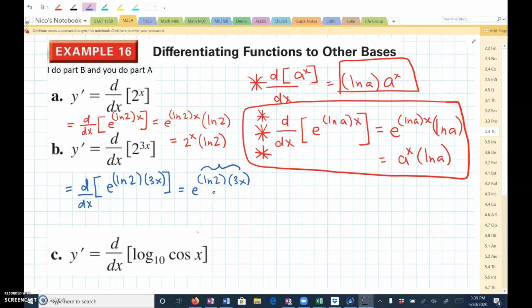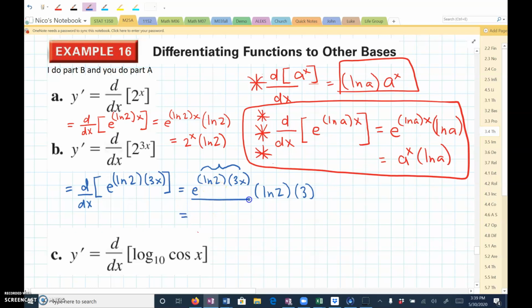alright, so then when we take the derivative of the natural log of 2 times 3x, this is going to be the natural log of 2 times 3. Okay, natural log of 2 is a constant, 3x is linear, that's going to become 3.